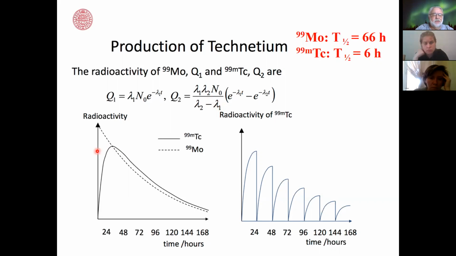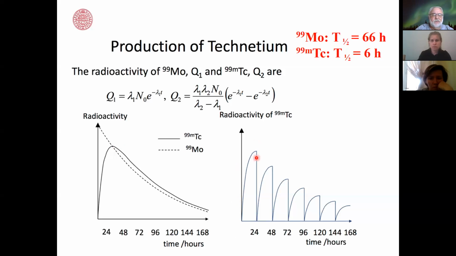What is important is that if you even separate completely at certain time point the daughter from mother, it starts to form again and reaches the maximum of activity, which is equal to activity of mother nuclide, in roughly 3 half-lives. So in this way, the activity of daughter nuclide is growing.